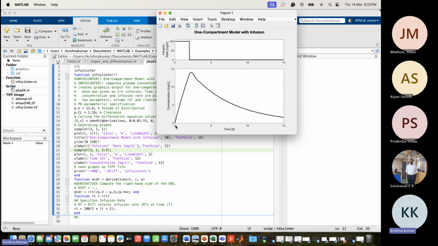So the concentration in my compartment keeps on increasing till 2 hours. But then when I have stopped, that's going to go down. So this is the concentration with respect to time. And I've solved this differential equation using a numerical method called ODE45.